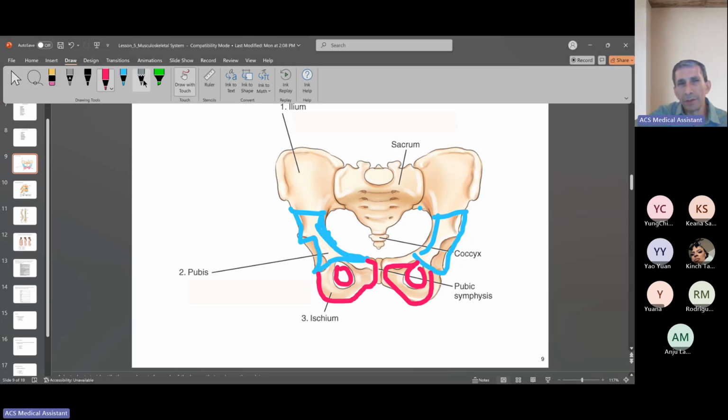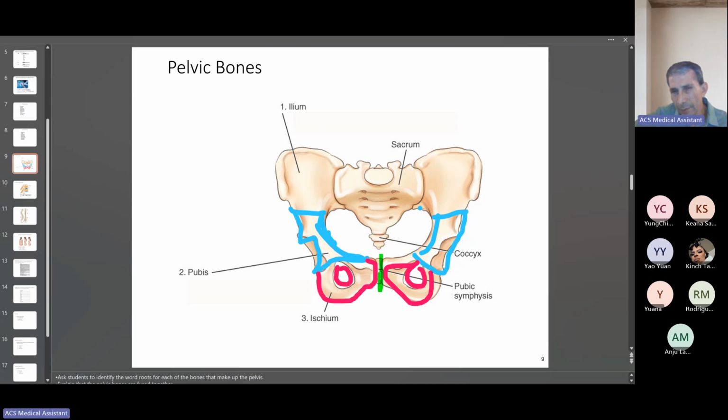This bone that is right here in the middle, this is the pubic symphysis. This is like a cartilage that holds this ischium with this ischium.